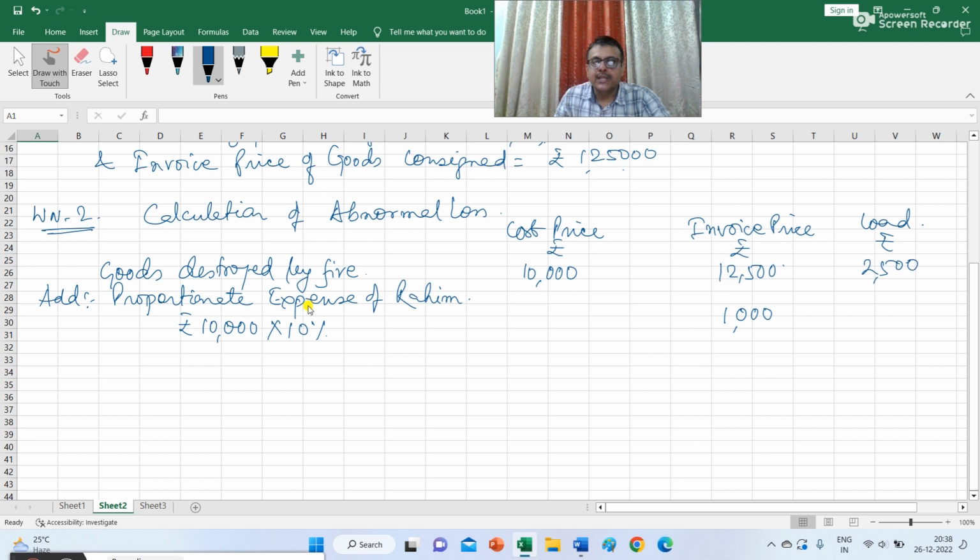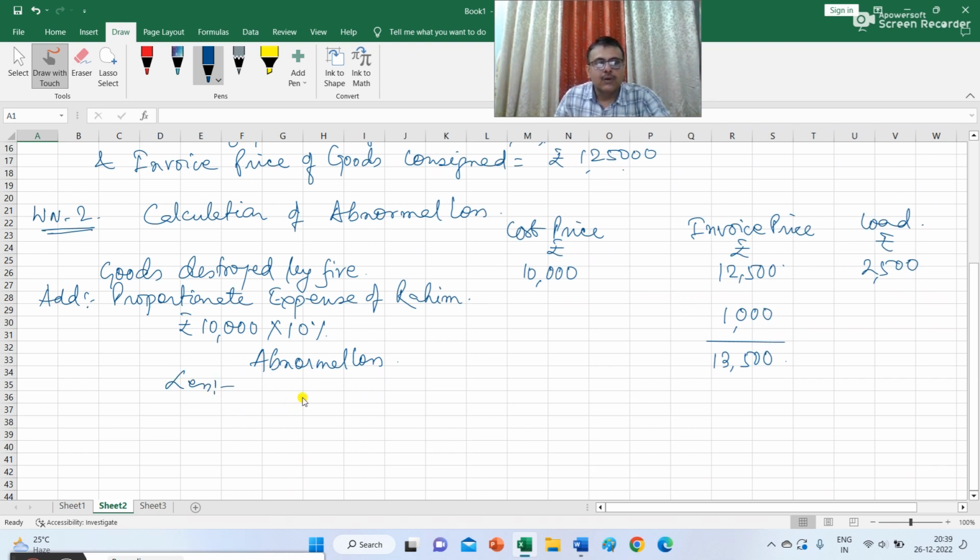So the proportionate expense of Rahim is rupees 1,000. There was no non-recurring expense incurred by Raju because there was only selling expense. So the abnormal loss is valued at rupees 13,500.